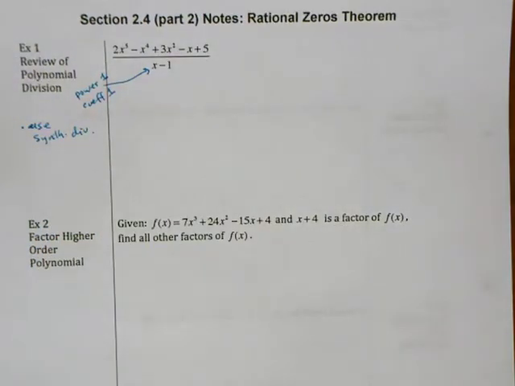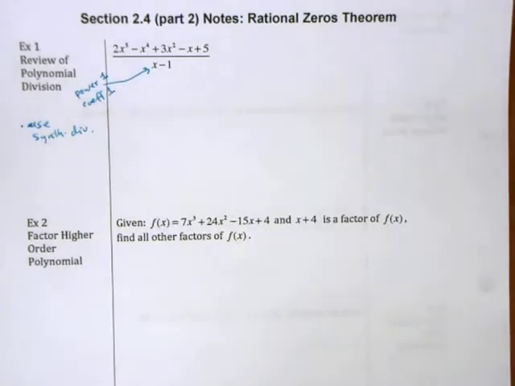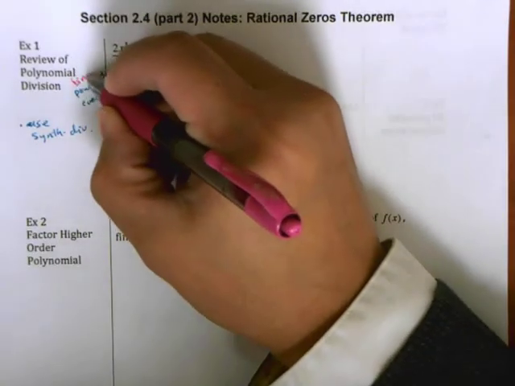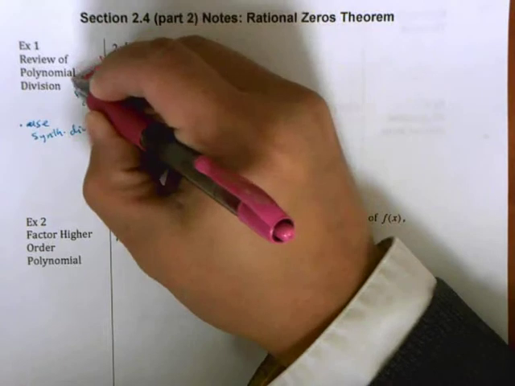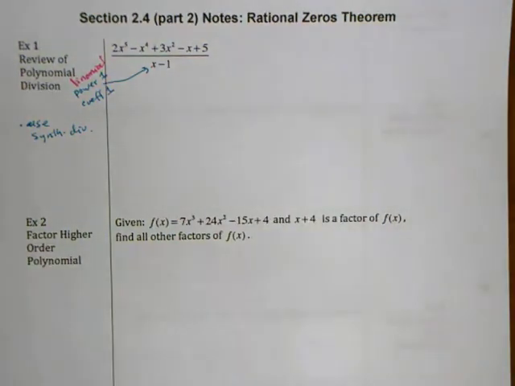So that's always a really nice thing to know and to keep in mind, is that when your divisor is a binomial with a power of 1, coefficient of 1, you can use synthetic division. Let me emphasize that too. This has to be a binomial here. In other words, it's got two terms, x and minus 1, or usually whatever that constant is.